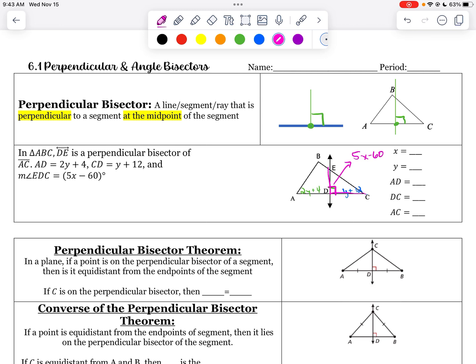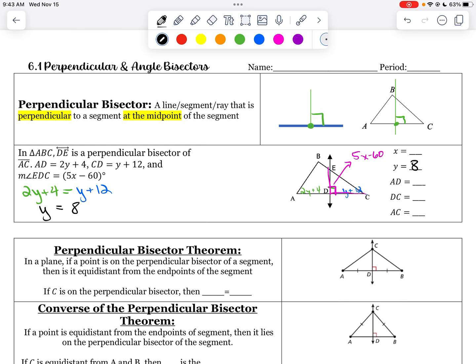So let's go. We know that a segment bisector cuts things in half. So we know that AD has to be equal to CD. So I can set these equal to each other: 2y plus 4 equals y plus 12. So I subtract y, subtract 4 from both sides, y equals 8.